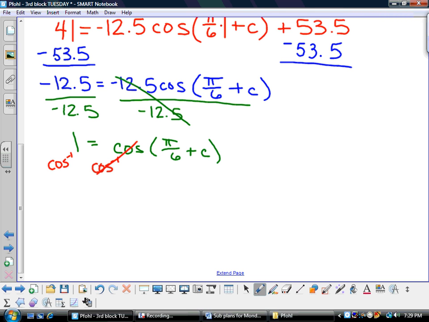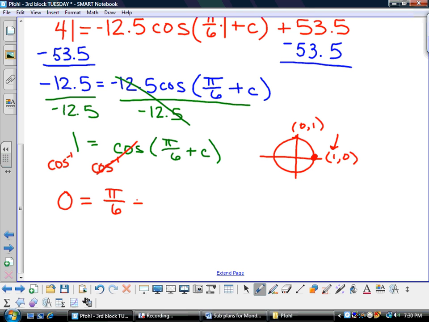Inverse cosine of 1. Let's think about the unit circle. The cosine value is the first value. So when we do inverse cosine of 1, the angle that we're talking about is 0 degrees. So by subtracting pi over 6 from both sides, the c value that we need in this equation is negative pi over 6.